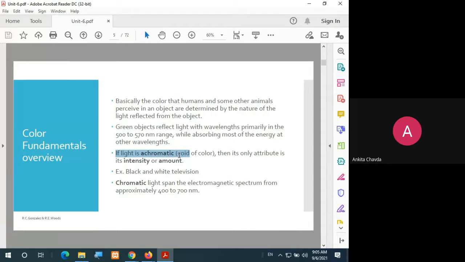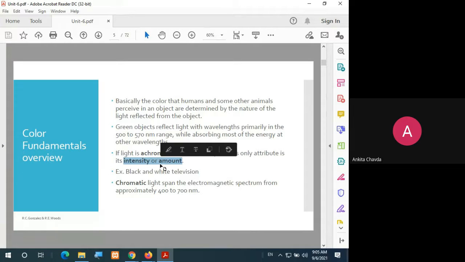If the light is achromatic, meaning void of color, then the attribute is only intensity, or you can say the amount, right? Only intensity. That is what we have seen in our grayscale image. Whatever values we are getting when reading the image are nothing but the intensity of that color, right?